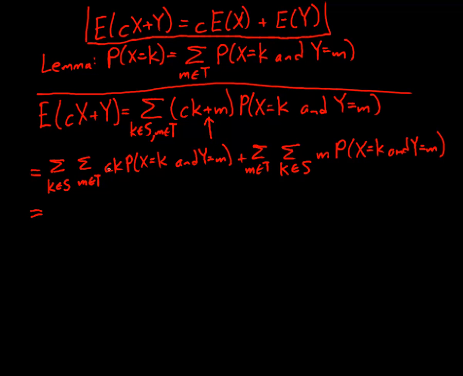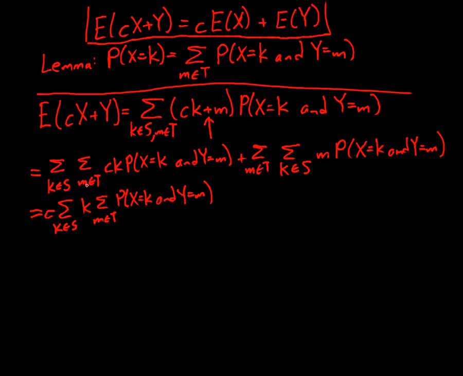Now I can pull constants through. The c can come all the way out, since that does not depend on k. And then the k can be pulled at least out of the sum over m's, because k does not depend on m. And we're just left with the probability that X equals k and Y equals m. That's why I chose the order that I did for the summation.